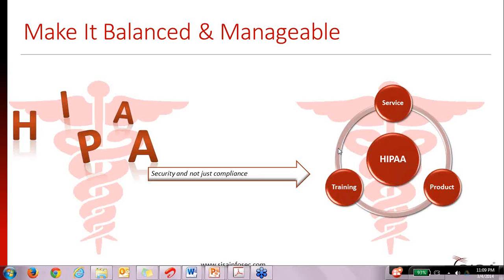Friends, I'll suggest that risk assessment has to be the first step of HIPAA compliance, because if you know that in this particular environment, this particular scope, we have these many risks, probably it is possible to address the controls at the right time.